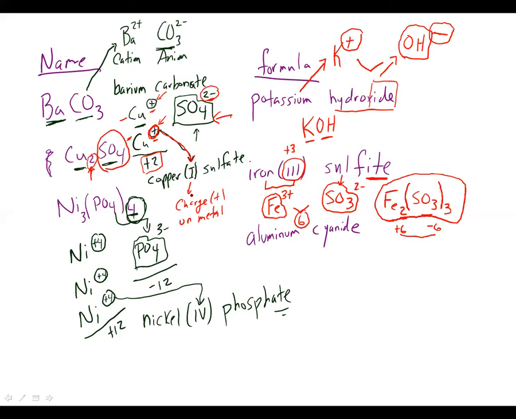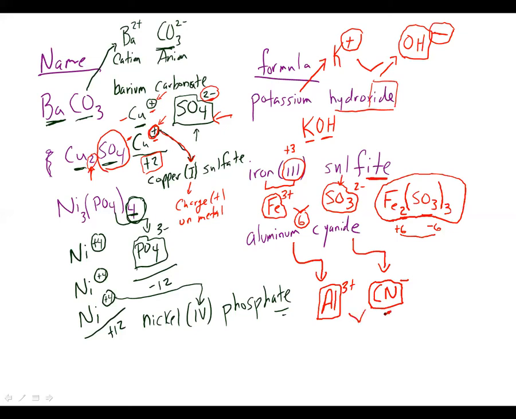Looking at the last one here, aluminum has a +3 charge as it's in group 3 on the periodic table. Our cyanide, which again is from that polyatomic ion sheet, is CN minus. Now when we put this together, the carbon and nitrogen together have a -1 charge. To balance it out, we need 3 of these.